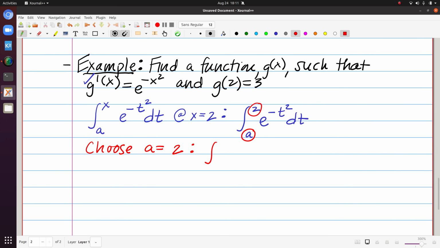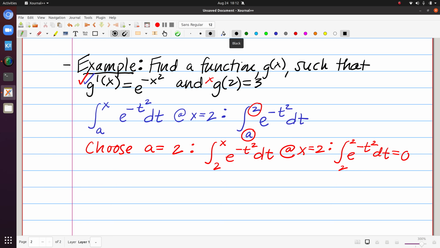So I'm updating my function now to the integral from 2 to x of e to the minus t squared. This still satisfies this first condition. The advantage we have here is when I plug in 2, I at least get a definitive answer. We're integrating from 2 to 2, so that gives us 0. So it hasn't quite satisfied this last condition, but now I'm one step closer.